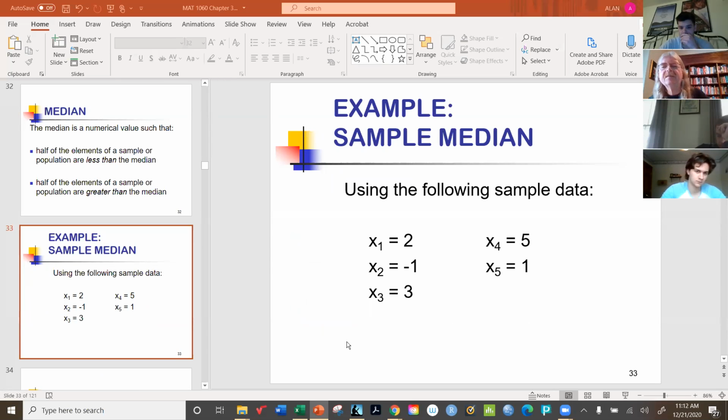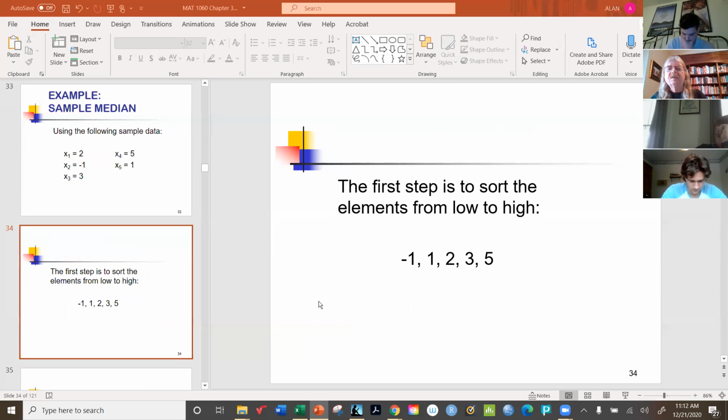Now, here's the same sample data we had earlier: 2, -1, 3, 5, and 1. This one requires an extra step. What we have to do here is sort them from the lowest to the highest values. Otherwise, it's not really possible to do this. So let's do that. With only 5 elements, it's not going to take too long. We have -1, 1, 2, 3, and 5. Now, what exactly are we looking for here?